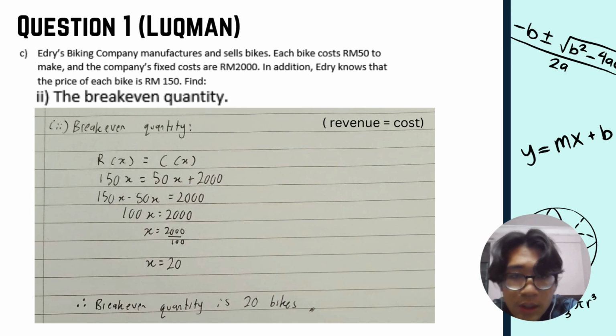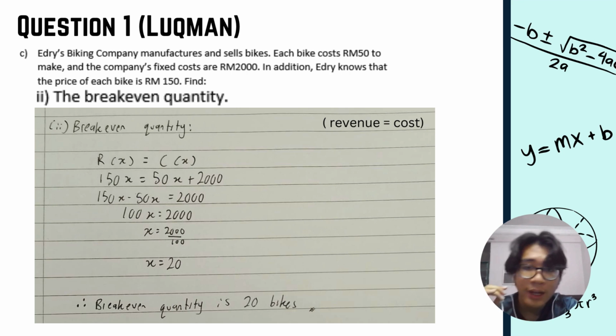For question C2, we find the break-even quantity, which is where revenue equals cost, which we already got from the previous question. So R(x) equals C(x). So we get 150x equals 50x plus 2000, and we group the x together. 150x minus 50x equals 2000, and we solve the left side, and we get 100x equals 2000.